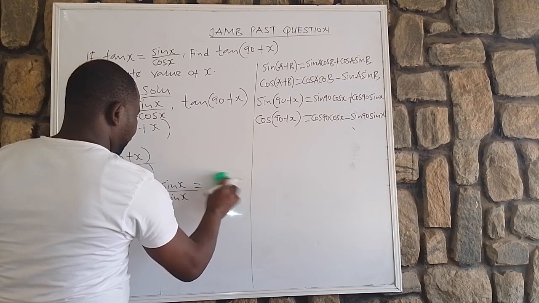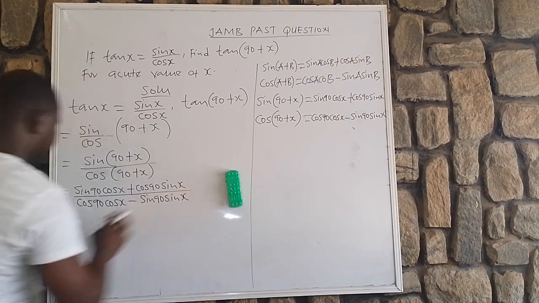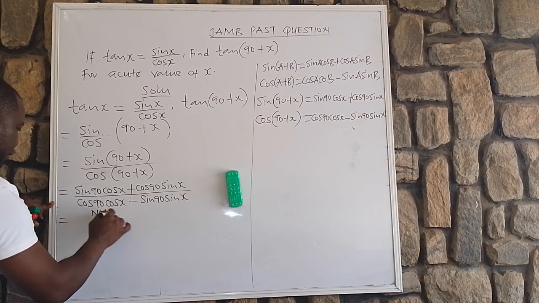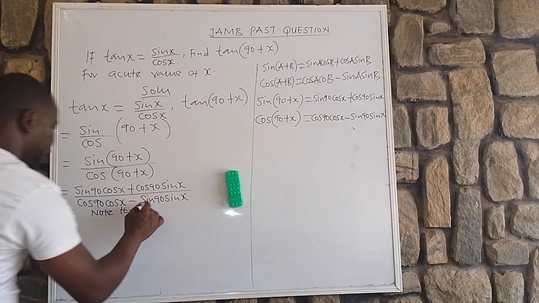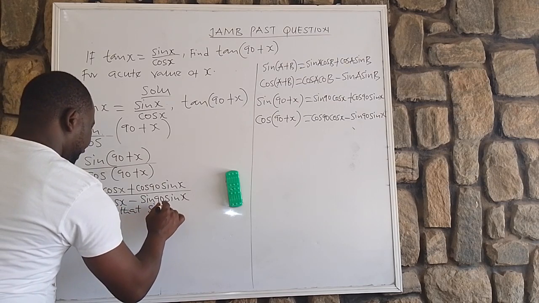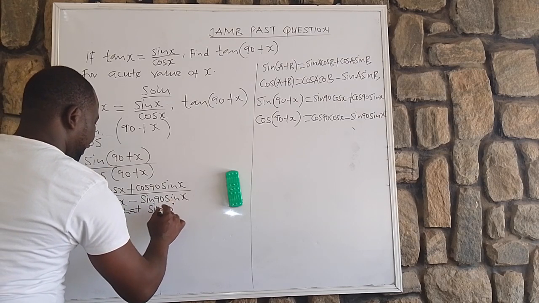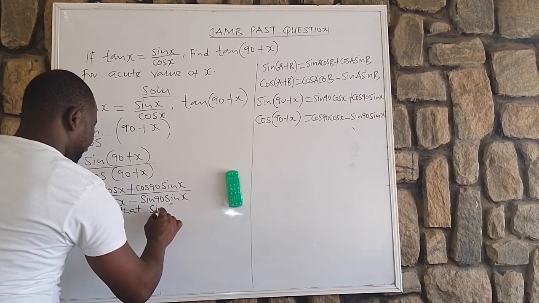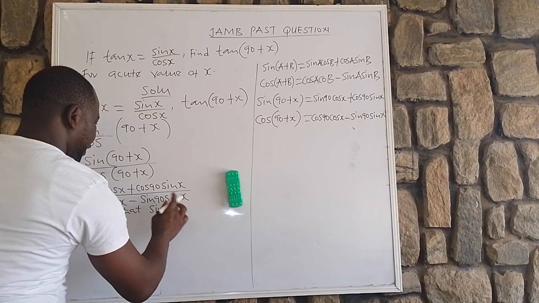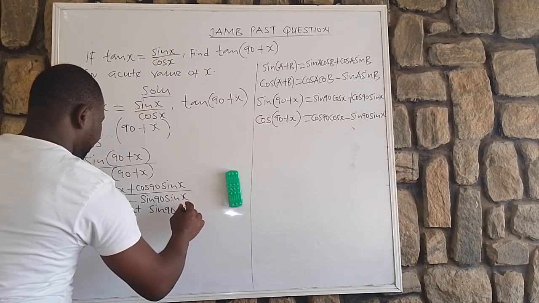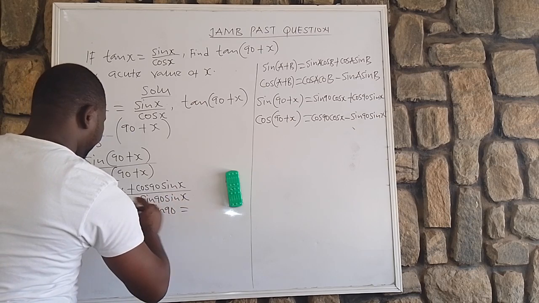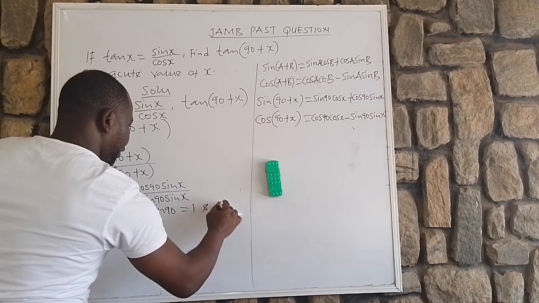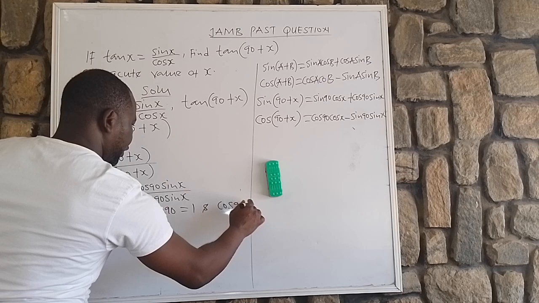Okay, for the sake of margins, let me just do it this way. Note that sine 90 degrees is the same thing as 1, and cos 90 is equal to 0.